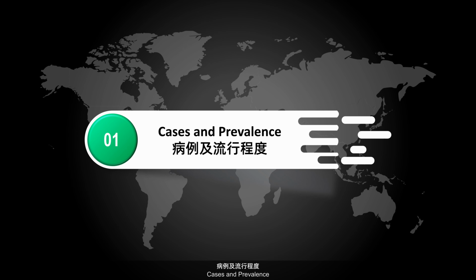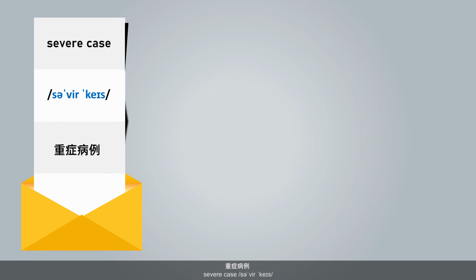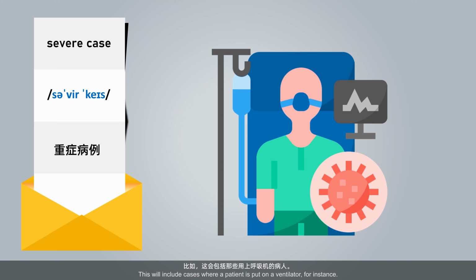Cases and prevalence. Severe case. A severe case is a case that is especially dangerous to the health of the patient. This will include cases where a patient is put on a ventilator, for instance.